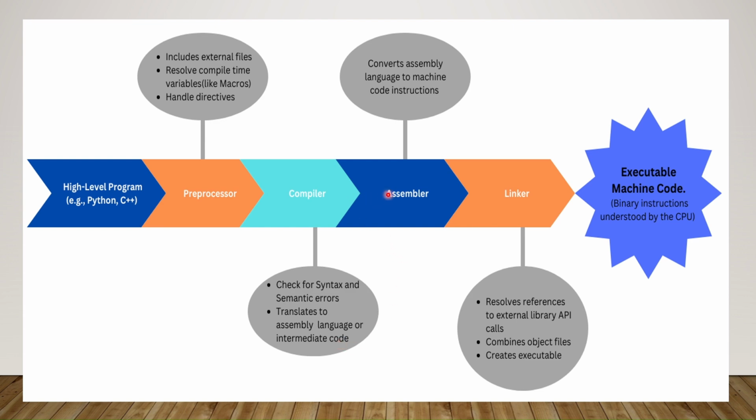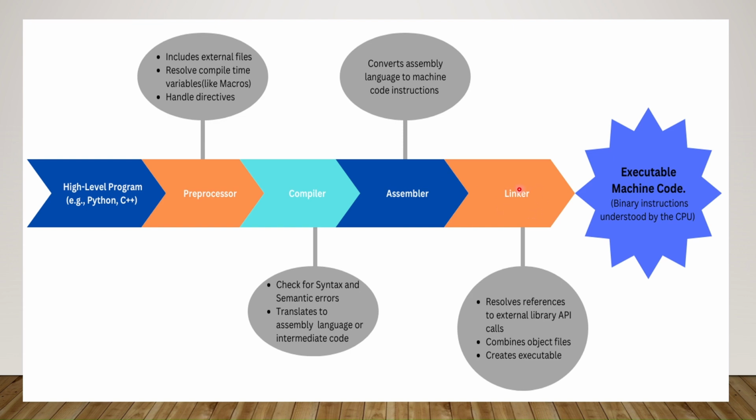The next in this process comes the assembler. What the assembler does is convert the assembly language instructions generated by the compiler into machine code. Then the linker comes. The linker's job is, as you have multiple source files that your compiler and assembler compiled into object files or other intermediate files, the linker will combine all these files together.